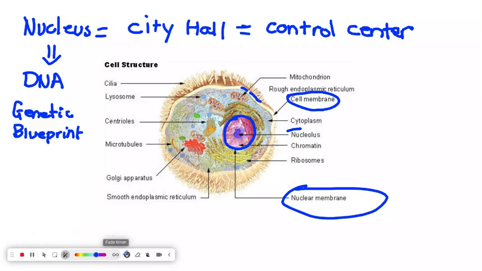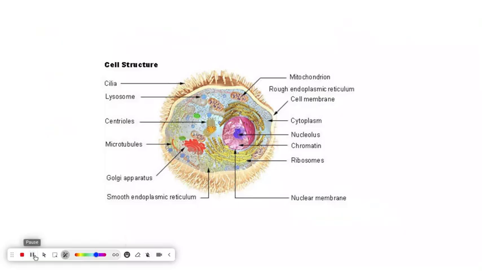So let's clear some things out, make some more room. And I lost my pen. What should we use? Let's use green. So the cell membrane is, again, like the border patrol. It's the guards. Again, they let things in, and they try to stop other things from coming in. So it's semi-permeable. Think of the cell membrane as the border guards.